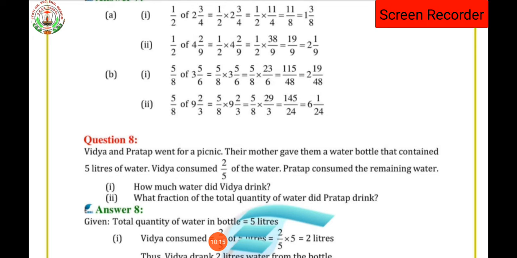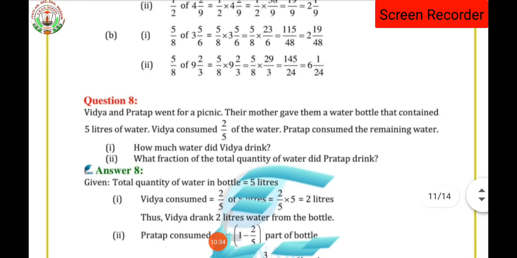Vidya consumed 2/5 of the water and Pratap consumed the remaining water. So the question asks, consuming, that means they had already drunk the water. How much water did Vidya drink? What fraction of the total quantity of water did Pratap drink?